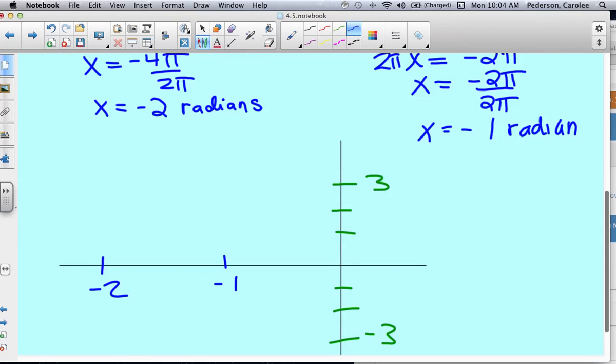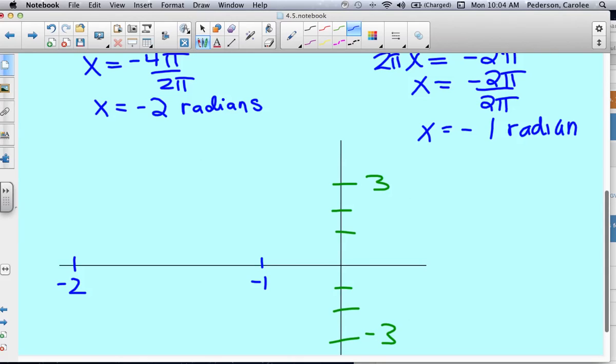Now we're going to split our x-axis from negative 2 to negative 1 into 4 equal parts. So I might want to make this go out a little farther because we're dealing with some decimal places. I'm just going to make it really big. So let's have this be negative 2 way out here, and this be negative 1, just so I'm a big writer.